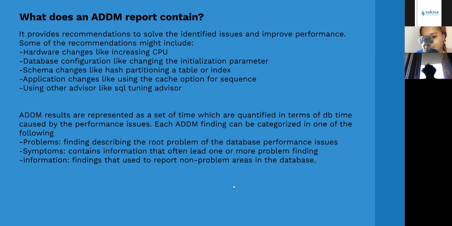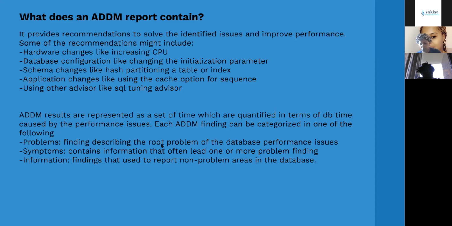ADDM results are represented as a set of findings which are qualified in terms of the causes of the performance issue. Each ADDM finding can be categorized in one of the following. So we have more than one. The first is the problem finding, describing the root problem of the database performance issue.